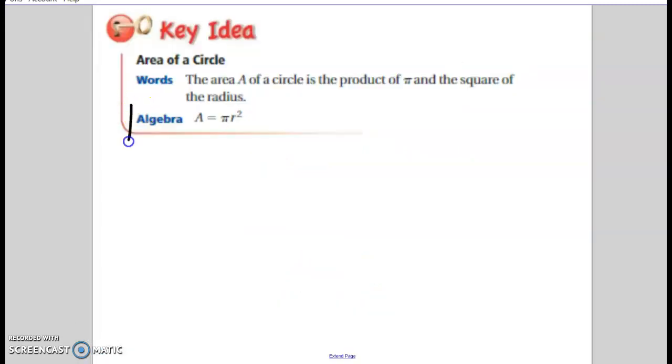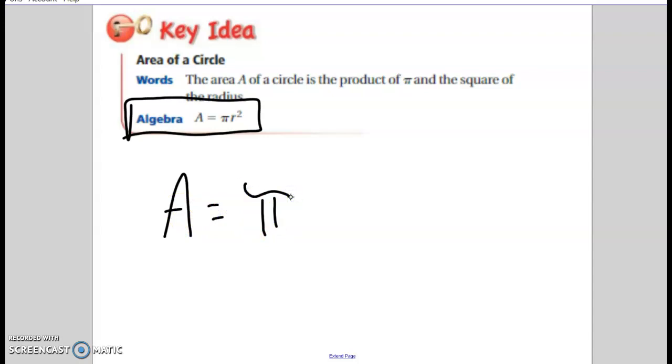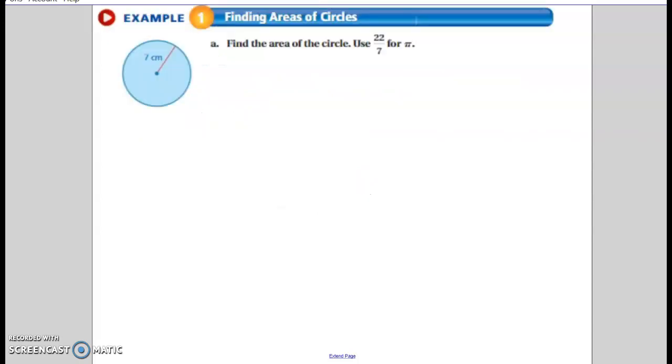Look, the area of a circle is pi, which you know to be 3.14, times the radius squared. Voila. Let's apply it. Sometimes pi is going to be approximated with a fraction.